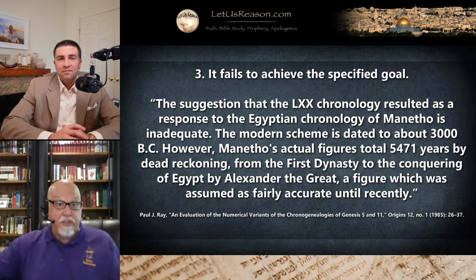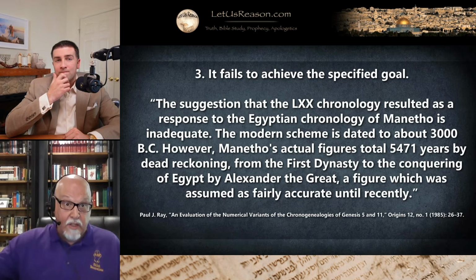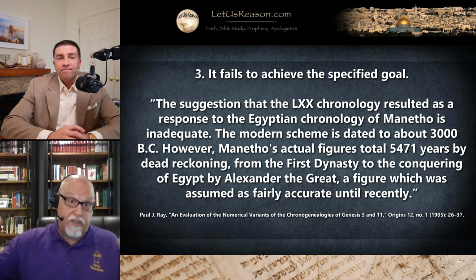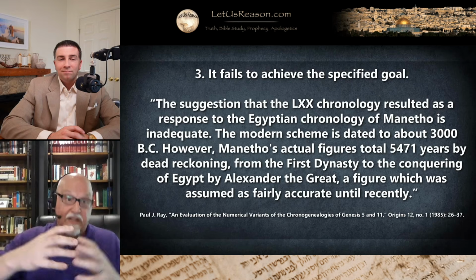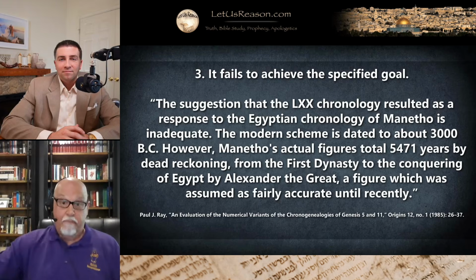And it fails to achieve the specified goal. The chronology of the Egyptian priest Manetho, for example, as it was known back then, is longer than the Septuagint's chronology. So in other words, the Septuagint translators did a lousy job of inflating it. They needed to inflate the chronology much more to bring it in line with the chronology of Manetho.